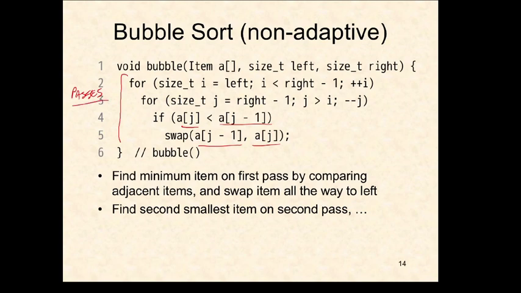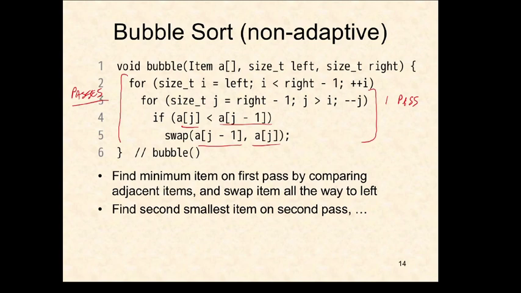So the outer loop is a pass. The inner loop is the code that's going to actually do one pass through the data. So the inner loop is going to go through my array from one end to the other. The outer loop is going to make that multiple passes happen.